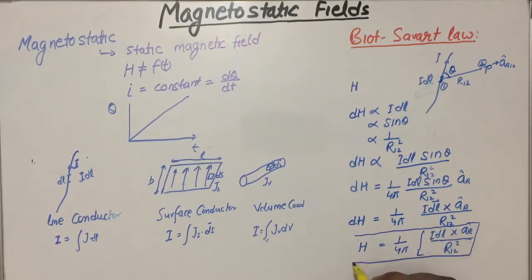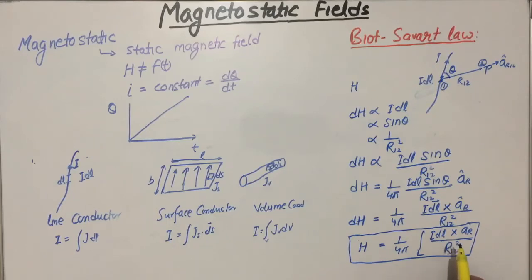and the direction of this magnetic field intensity will be in the direction of the cross product of the current element and the radial vector. And we know how we can find the direction of the cross product: the right hand thumb rule.